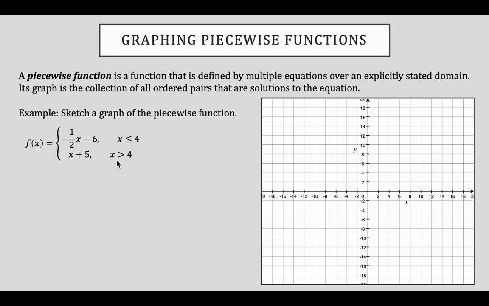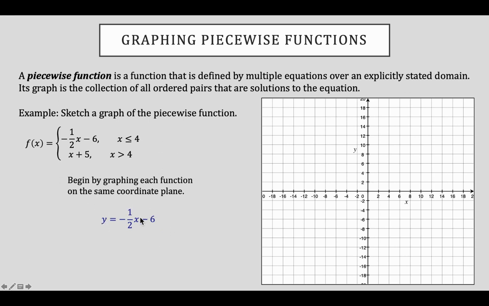In my opinion, the easiest way to sketch these piecewise functions is to begin by graphing each function on the same coordinate plane. Graph each piece of the piecewise function on the same coordinate plane. So let's talk about the first one. y equals negative 1/2 x minus 6. Well, you all know that this is a linear function.